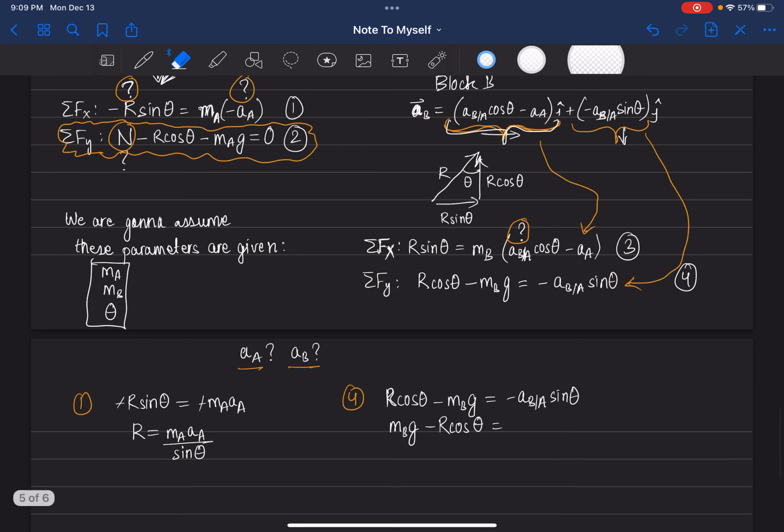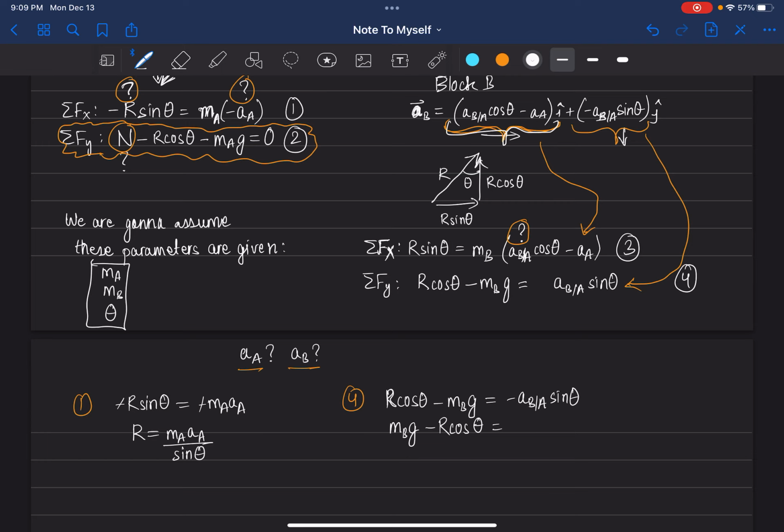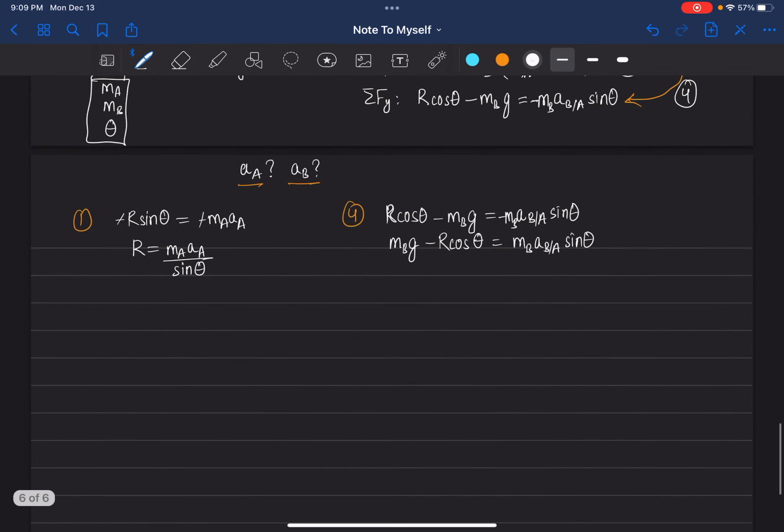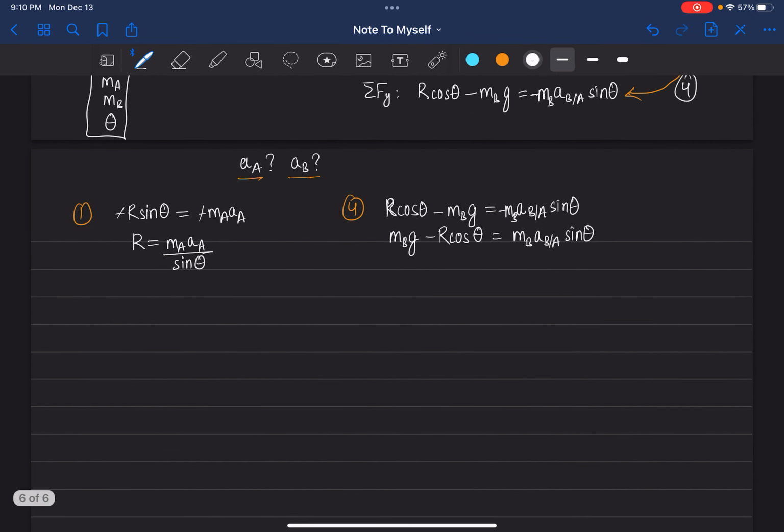Sorry guys, I forgot to put a mass of B here, because the summation of force equals mass times acceleration, not just acceleration. So this should be negative m of B, acceleration of B with respect to A sine theta. So that's what I'm getting from equation 4.